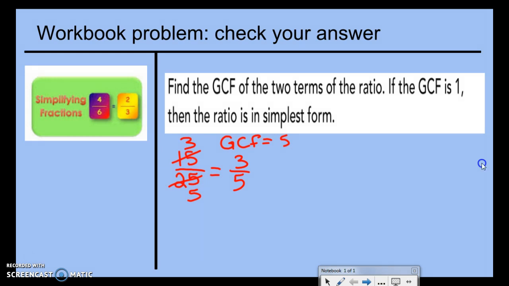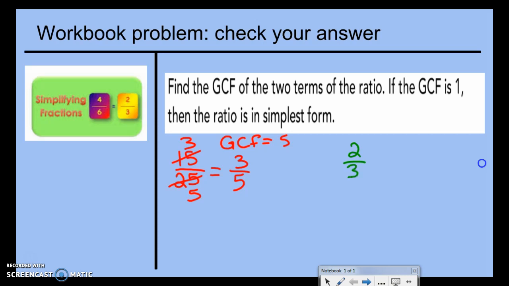Alright? Now let's keep reading. If the greatest common factor is 1, that means if 1 is the biggest number that can go into your fraction, then the ratio is in simplest form. So let's say that our original fraction was 2/3.